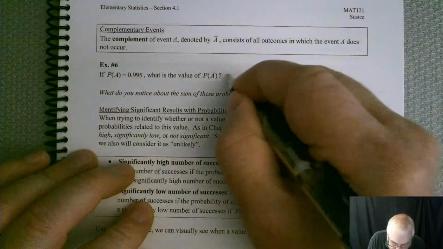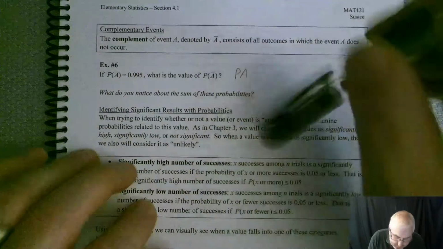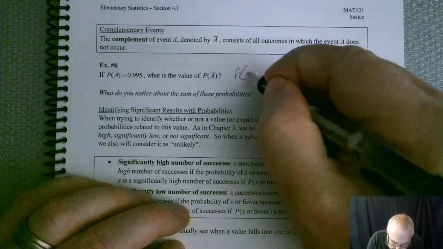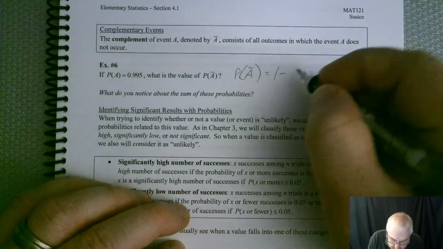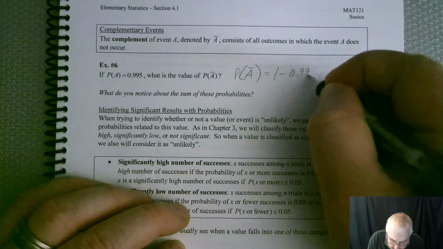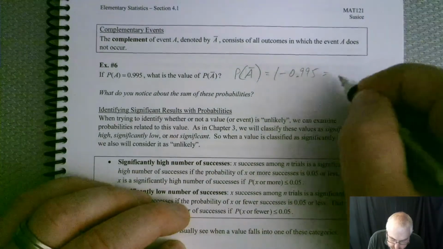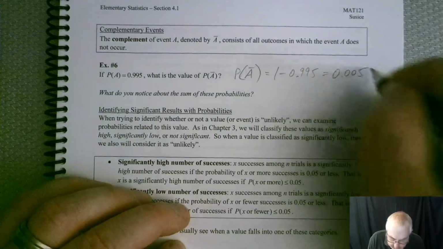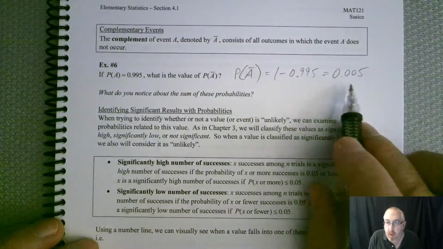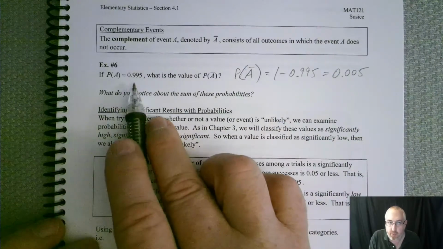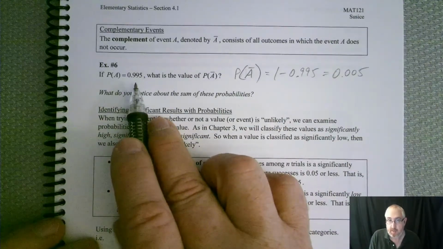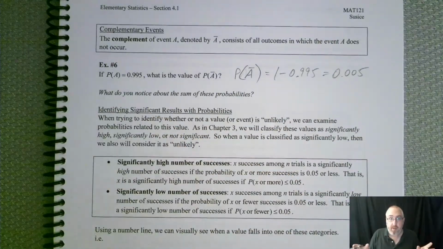So the probability of A complement should be 1 minus 0.995, which is 0.005. So again, a very small chance of the complement happening if A has a really big chance of happening. But again, that's all the possible outcomes in there.